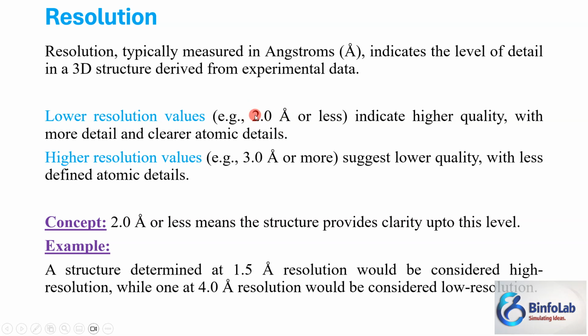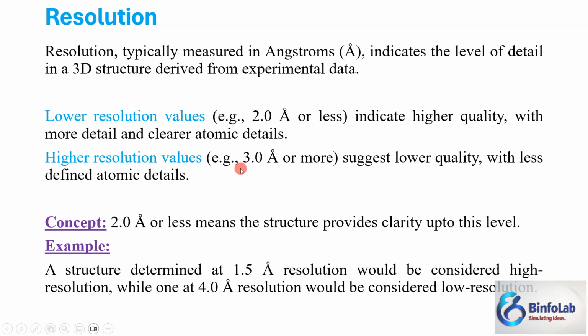Remember, what does it mean, the 2 and 3? What is the difference? If a structure has 2.0 angstrom resolution, and another structure has 3.0 angstrom resolution, what will be the difference? 2.0 means this structure provides you the atomic details up to 2 angstroms, but the other structure provides you the atomic details up to 3 angstroms.